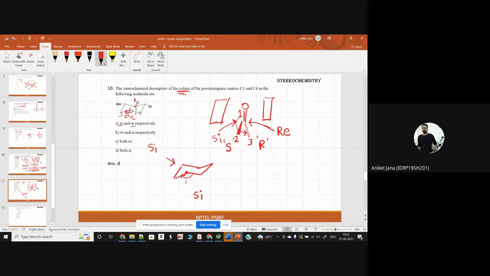Here direct oxygen is there, but here carbon is there, then some bromine is attached to the carbon. So definitely oxygen will get the highest priority. And now this one is second, this one is third. Then from above it is Re, and from below, Si. Then what is the answer? Both are Si.